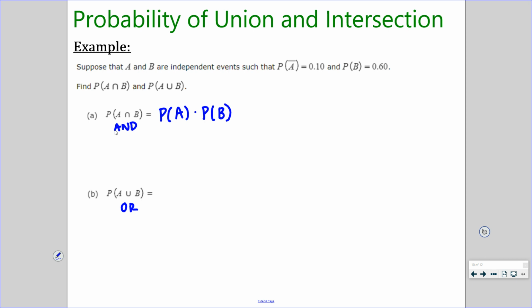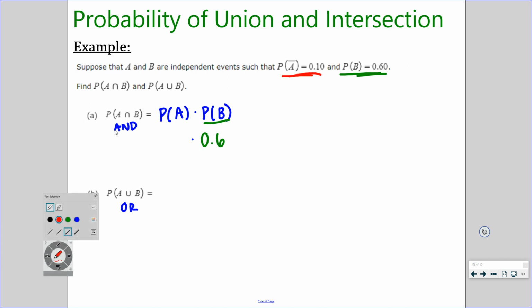My only issue here is I don't know what the probability of A is. It wasn't given to me. I know the probability of B happening is 0.6, but I only know the probability of A not happening. So if the probability of A not happening is 0.1, any idea what the probability of A happening is? 0.9, exactly.